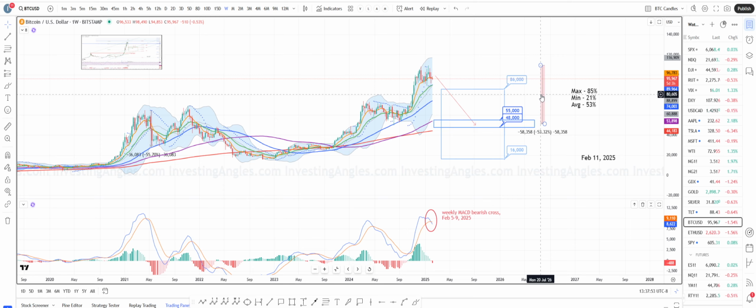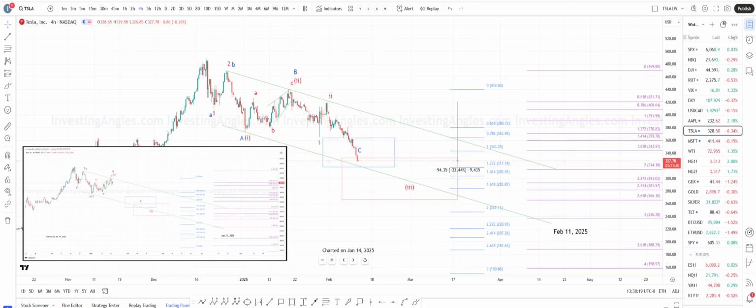All we can say right now is that the average decline after these big crosses was 53%. It means that it wouldn't be surprising if Bitcoin ends in the range of 48 or 55. In other words, loses half of its value. All right, so that's about Bitcoin, and now let's move to Tesla.